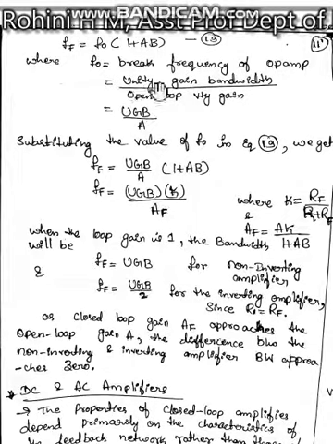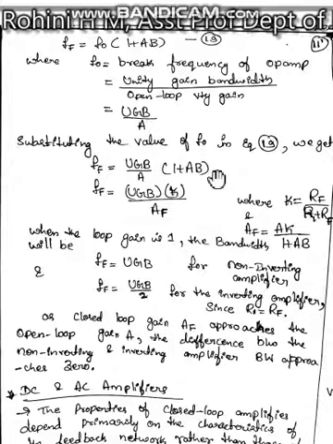It can be written as the ratio of unity gain bandwidth divided by open loop voltage gain, that is, UGB divided by open loop voltage gain A. Substituting in the expression of F naught, we substitute UGB by A into 1 plus A beta.